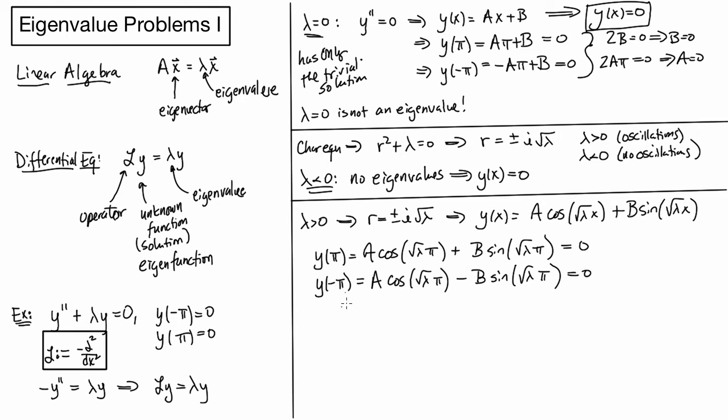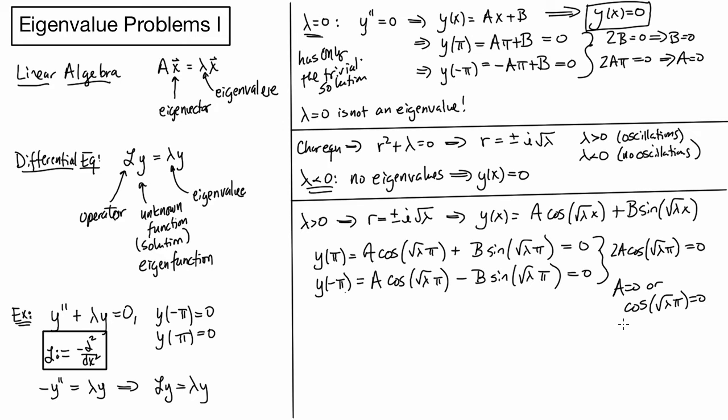And so once again, if I add them, then that implies that 2a cosine square root of lambda pi is 0. So that means that either a is 0 or cosine of square root lambda pi is 0. Now we're going to take each of these cases one at a time.